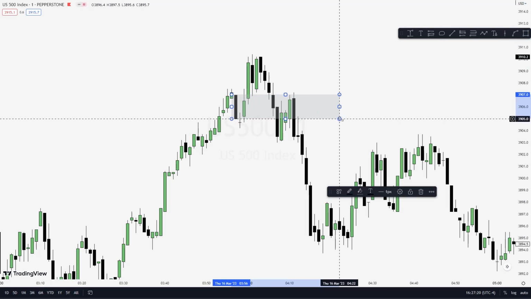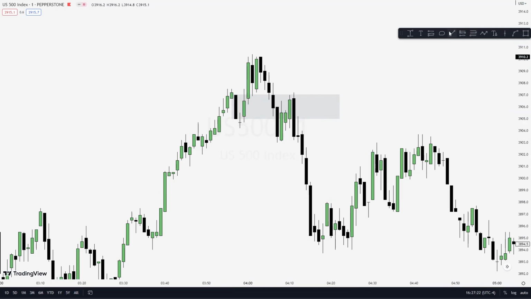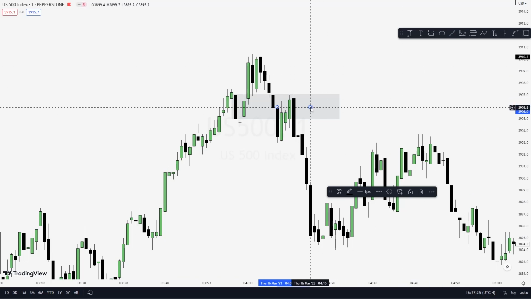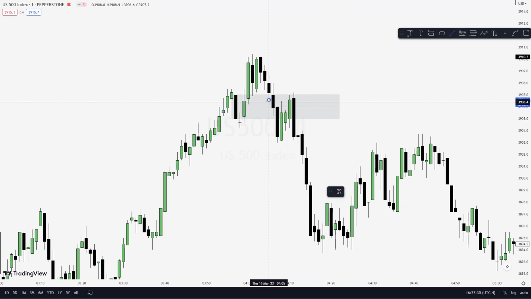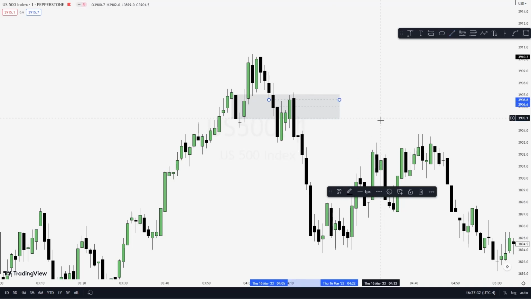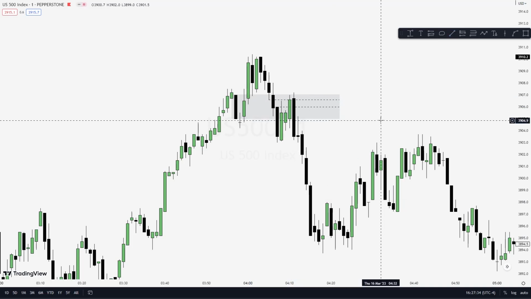And just how I like it, in line with a fair value gap. Now, why do I like it in line with a fair value gap? Because you've got to think, price arrays are there to provide support and resistance, as well as drawing liquidity, but in this instance, it will be support and resistance.